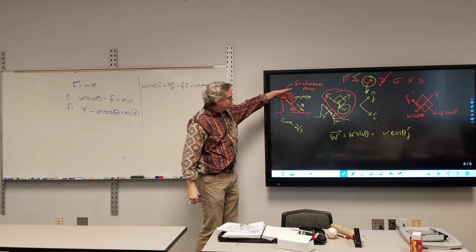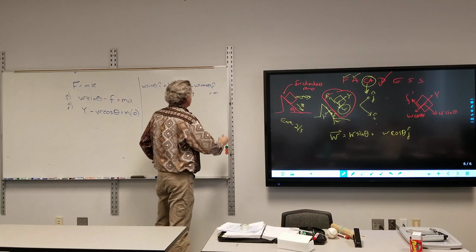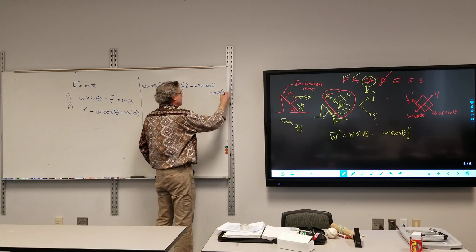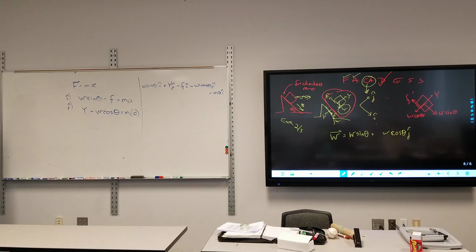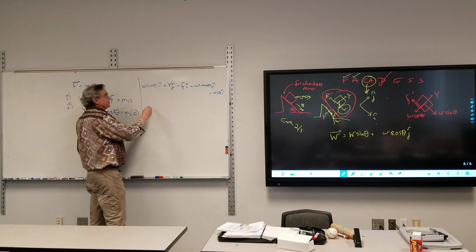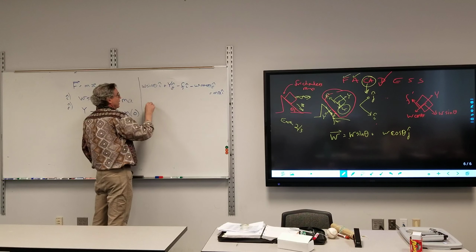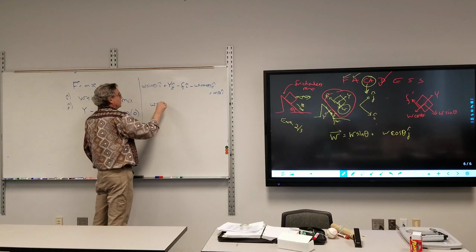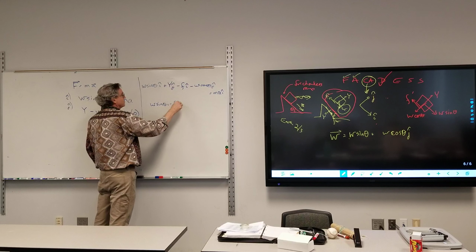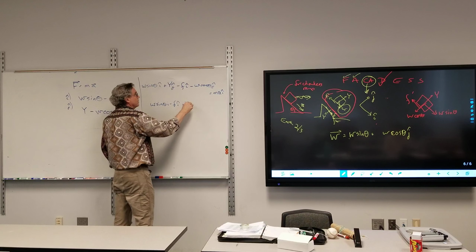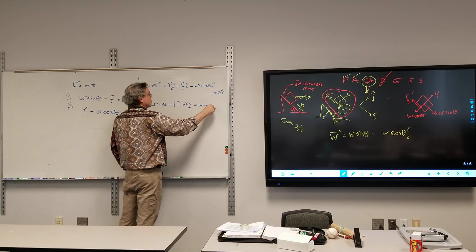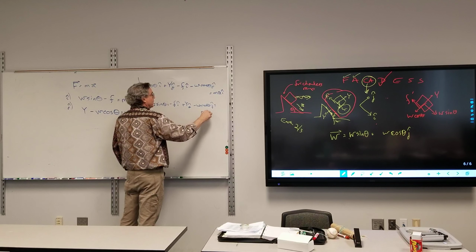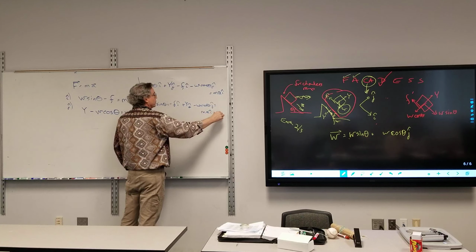My acceleration is in the direction of I hat, so that would be MA I hat. I can rewrite this to get my I hats together: W sine theta I hat minus F I hat plus Y J hat minus W cosine theta J hat is equal to MA I hat plus 0 J hat.